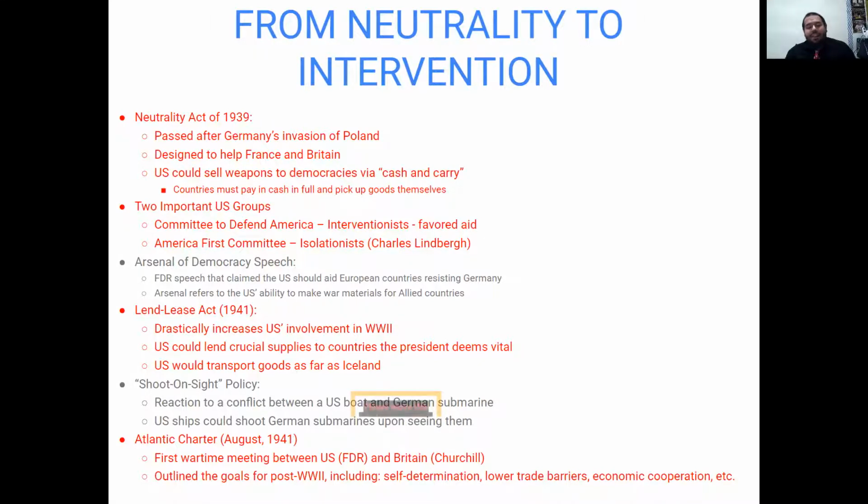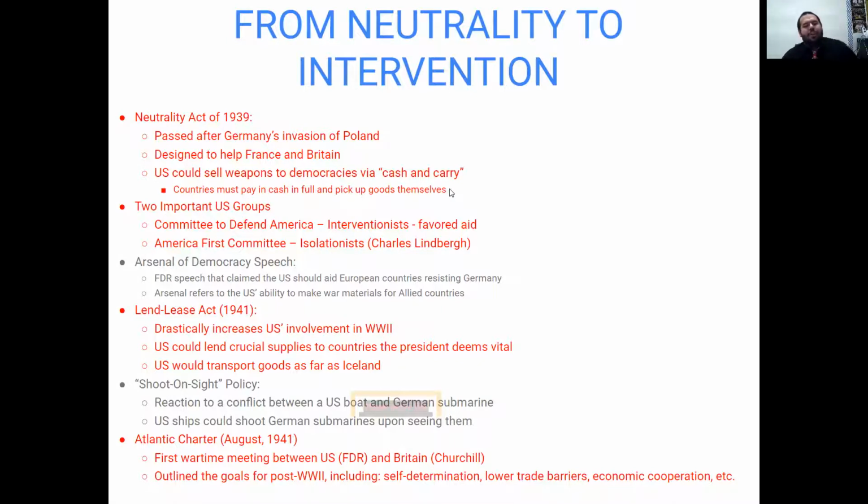Next, you have the Atlantic Charter, August 1941, shortly after the beginning of World War I. Or shortly after, what am I talking about? World War II began in 1939, Mr. Ovalle. Get your dates right. So it was the first wartime meeting between now U.S. President FDR and now newly elected Prime Minister Winston Churchill, our boy.